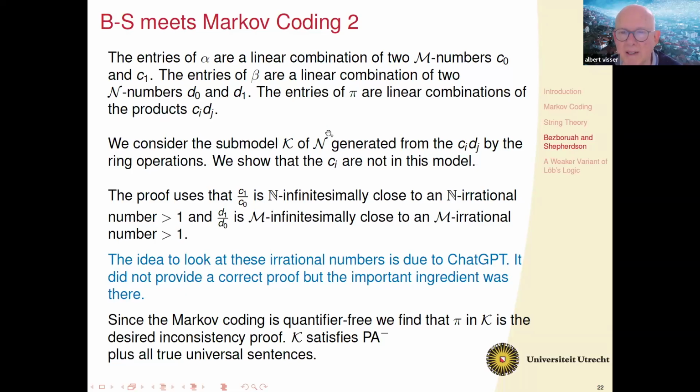To get it for PA minus is a lot easier. Pudlák had to put in a lot more work to get Q. Q turned out to be quite complicated to really do, so you need some extra ideas, but you can do it.